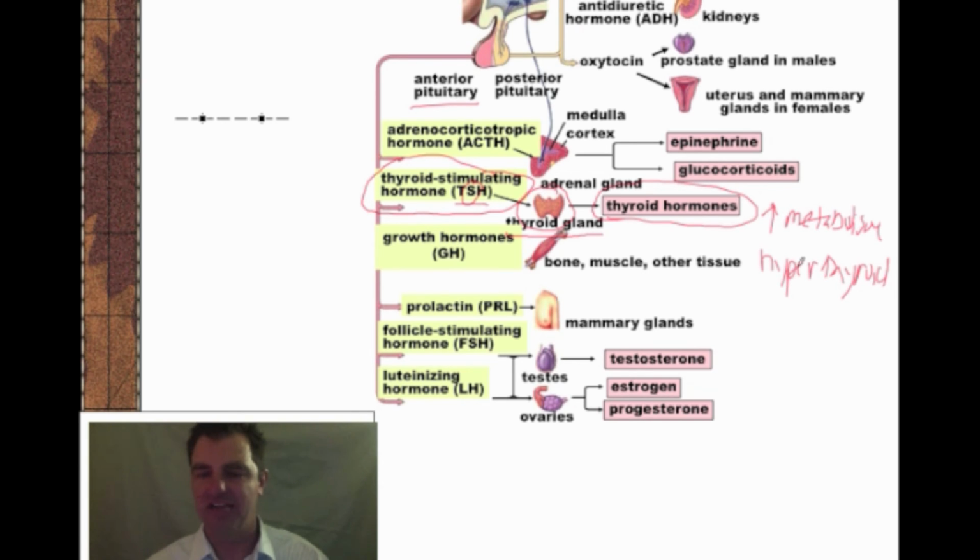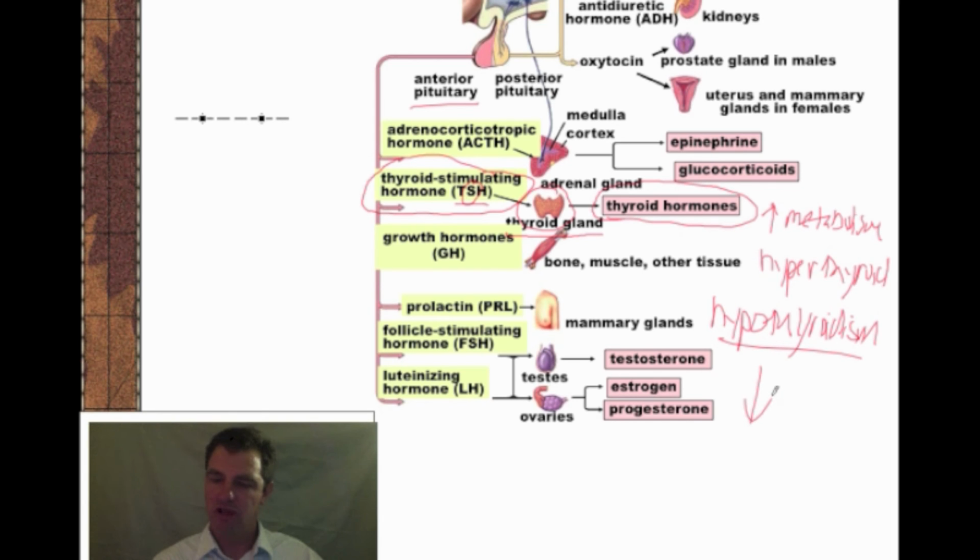Things like exercise tend to increase your levels of thyroid hormone. You can also have medical conditions where your thyroid gland is functioning abnormally. It can be very, very high or very, very low. Low levels of thyroid hormone would be hypothyroidism, and low levels of that tend to lower your metabolic rate, which tends to mean you'll burn fewer calories over time.